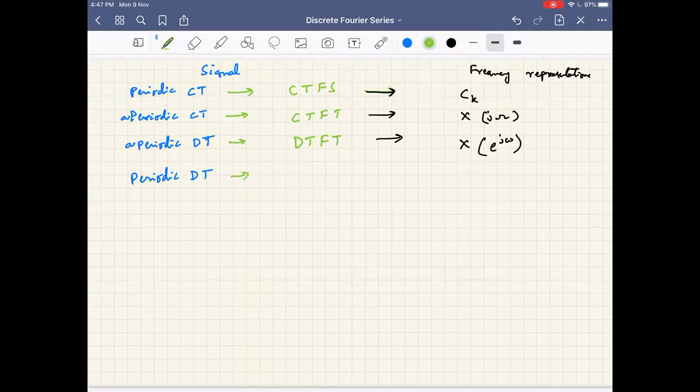So this itself will give rise to the discrete Fourier transform definition and discussion.